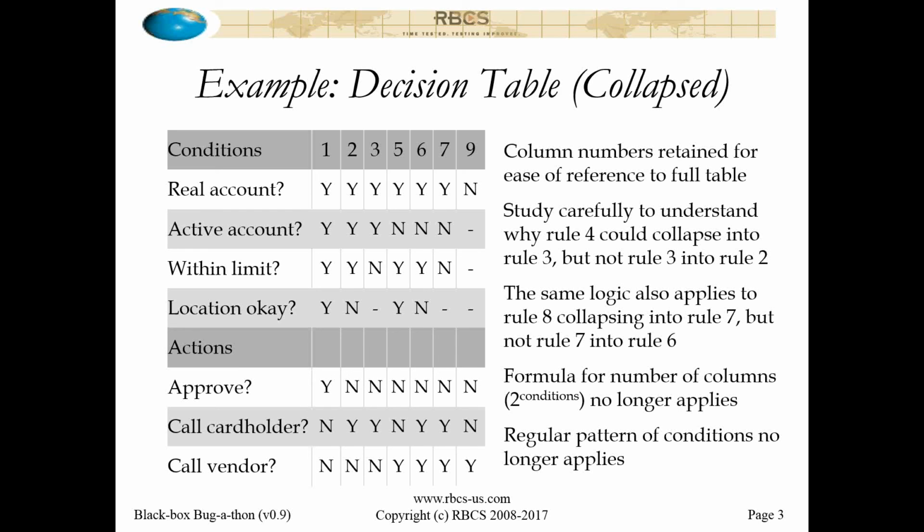Because while there are ways of doing that through what are called non-exclusive rules, if you try to do it in the full decision table approach where you capture all possible combinations, you're basically modeling interactions that aren't supposed to occur.